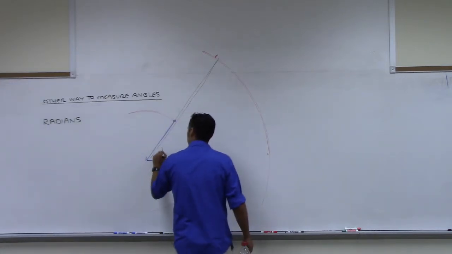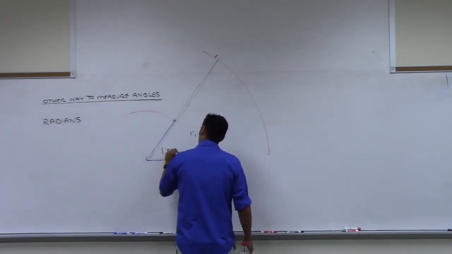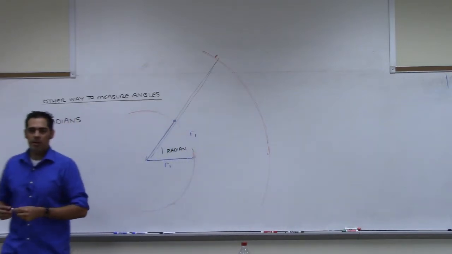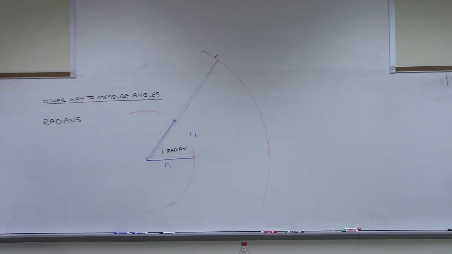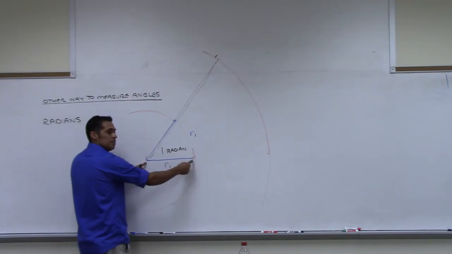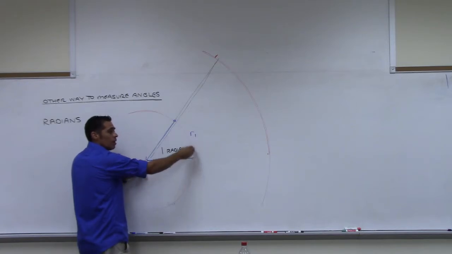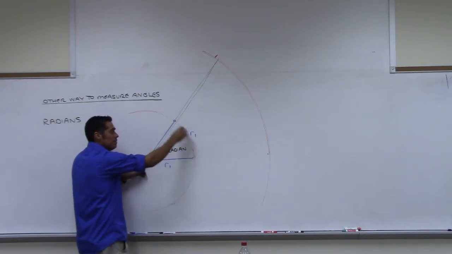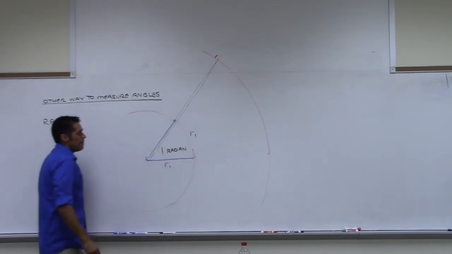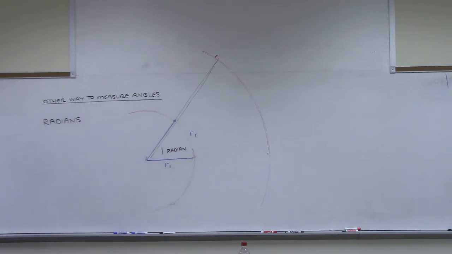That's 1 radian. 1 radian is the angle that's formed when you go out a radius of r, and then subtend an arc of distance r. And that gives you 1 radian.